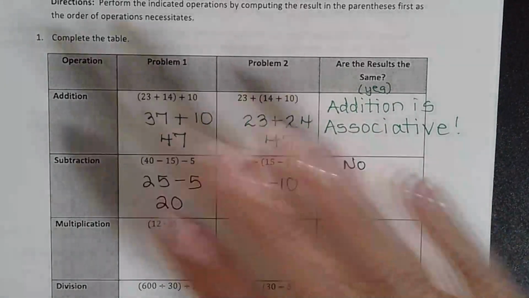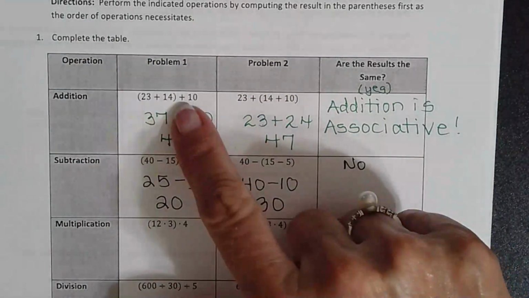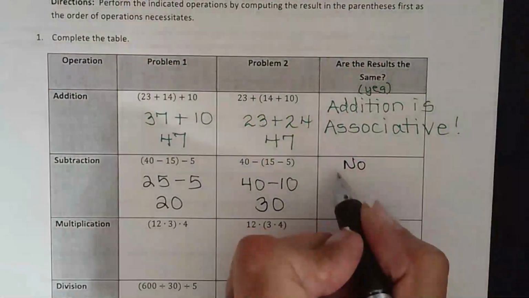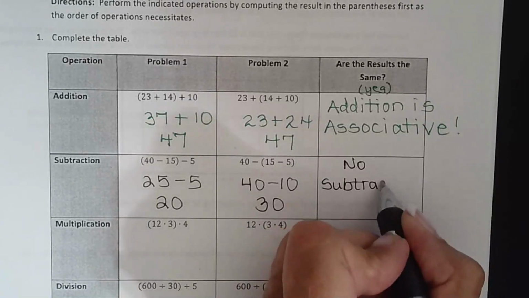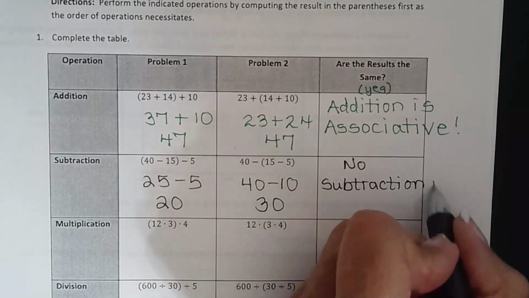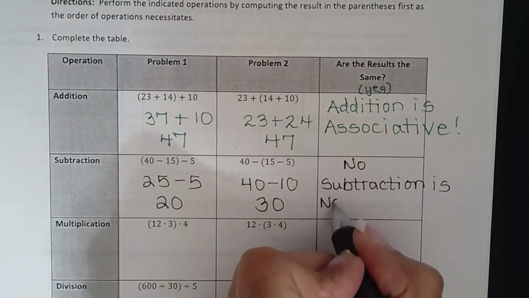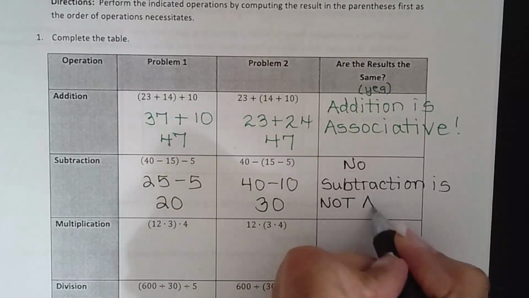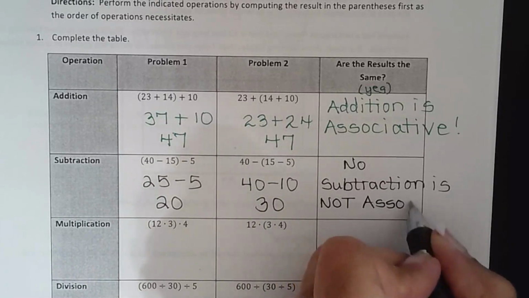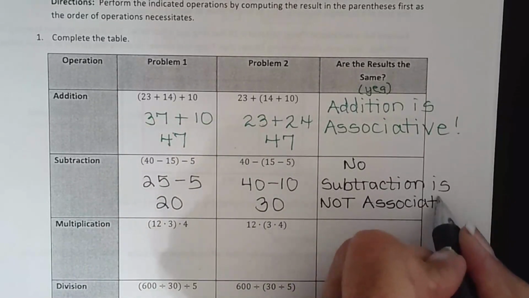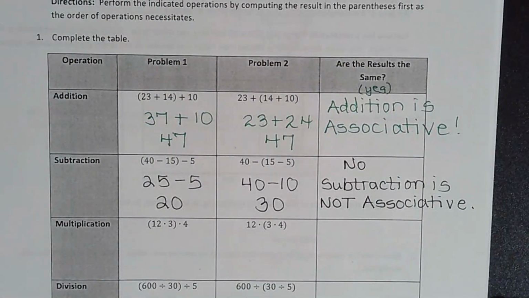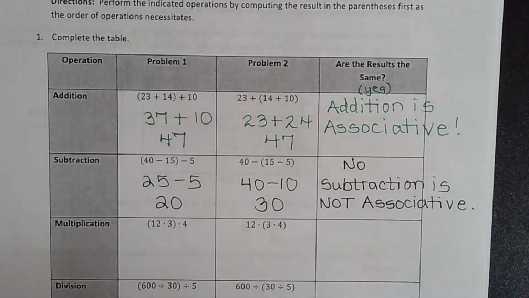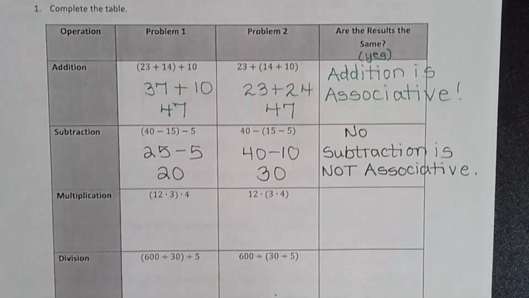You can't do any order you want in subtraction, but you can in addition. And it's pretty easy to remember. In commutative property, addition and multiplication were commutative. Well, guess what? Addition and multiplication are also associative. Subtraction and division are neither.